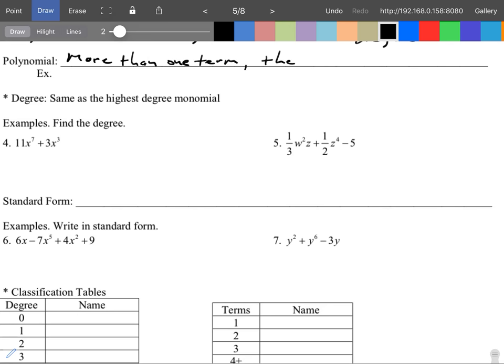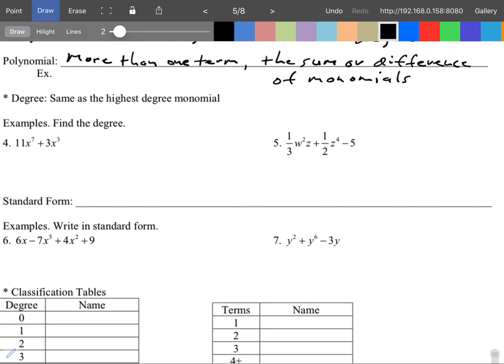So the sum or difference of monomials. And again, by sum or difference, I mean addition or subtraction, okay?